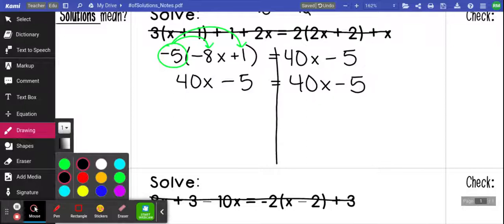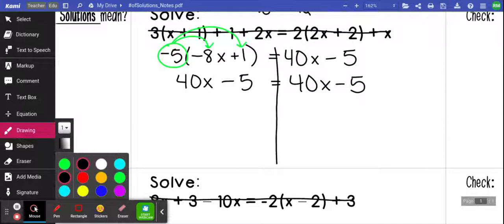Okay, next thing, combine like terms. Can I combine like terms? No. Do we notice anything? They're the same thing on both sides. Okay, so that's going to be a big clue that this is infinite solutions. That means that no matter what you put for x. So if we follow our next step, we've got to move the variable.